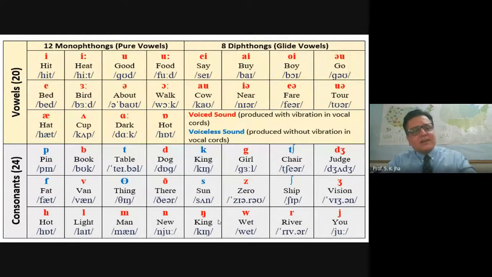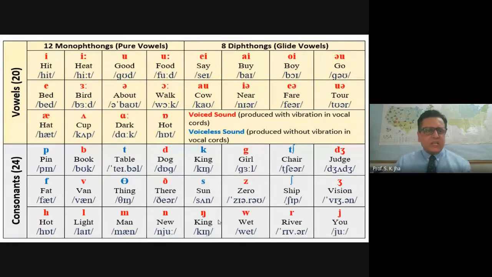Then the long sound. Why am I giving you this practice? Because you need to understand, otherwise it will be very difficult for you to understand how to pronounce any word by looking at your dictionary. Unless you know how to pronounce these 44 sounds, it's very difficult to understand the right pronunciation of any English word.